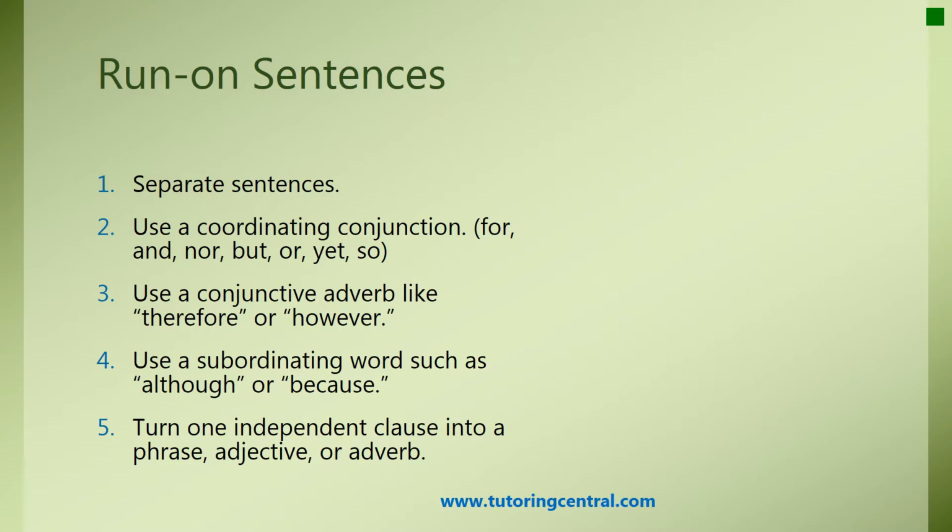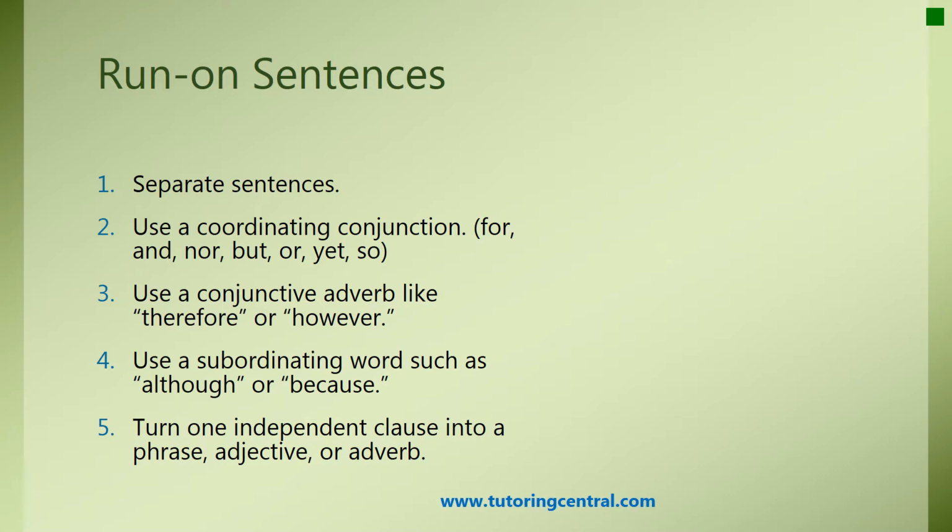Or you could use a conjunctive adverb like therefore or however, and there are many of them. If you take the Basic English Skills course, I have a list of conjunctive adverbs there. Just remember to use a semicolon before and a comma after if you're joining two independent clauses with a conjunctive adverb. You could use a subordinating word such as although or because.